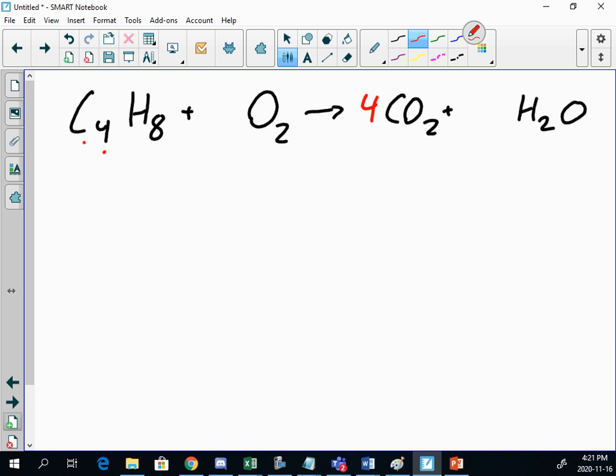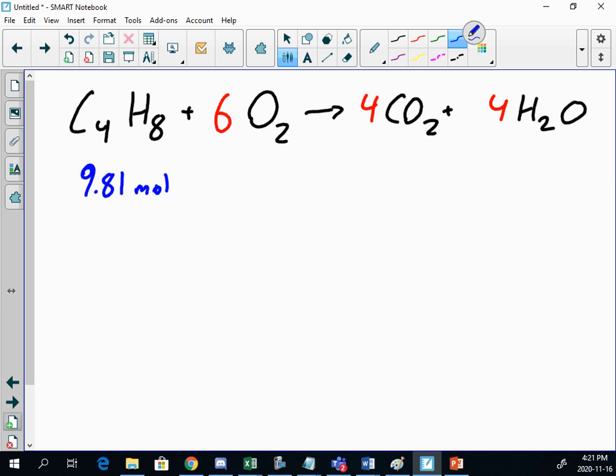To balance 8 hydrogens, I'll put a 4 here. In total, that gives me 12 oxygen on the product side, so 6 in front of my O2 on the reactant side gets me an overall balance. No big deal. Then, my measurement for C4H8 is that I'm dealing with 9.81 moles.